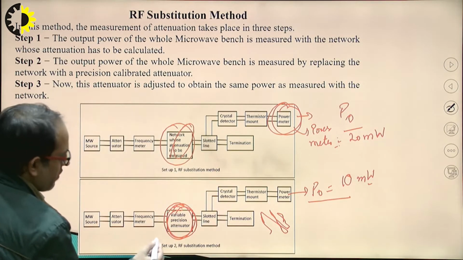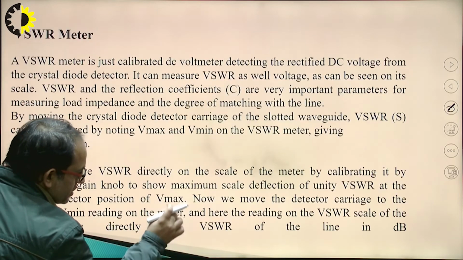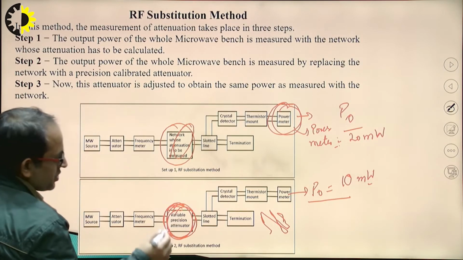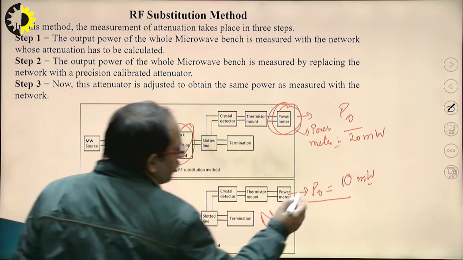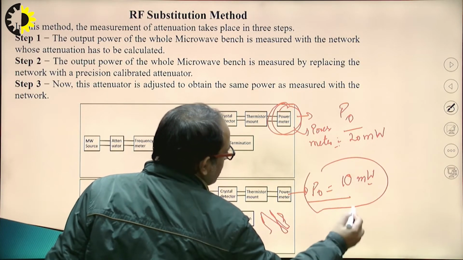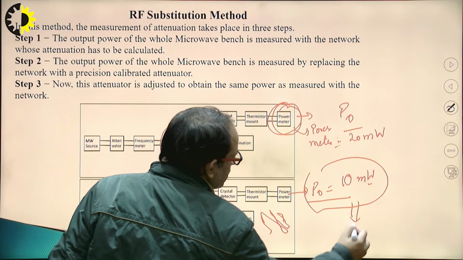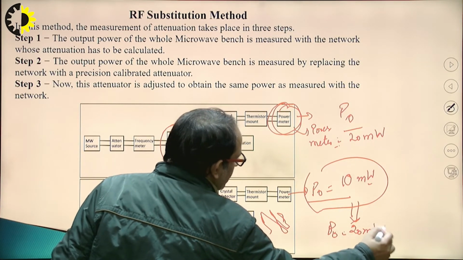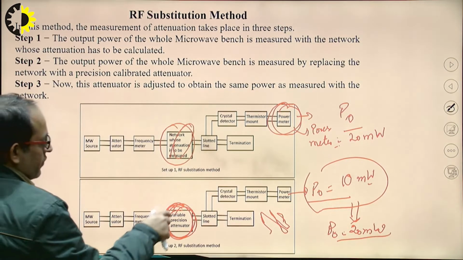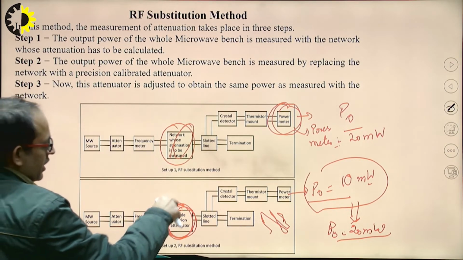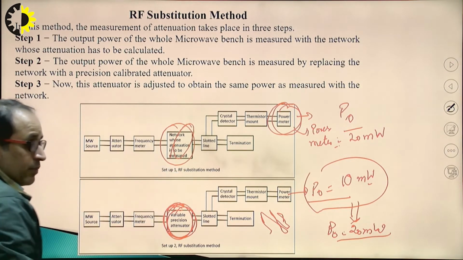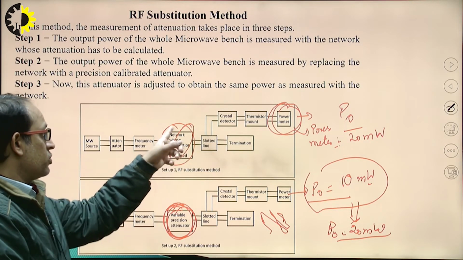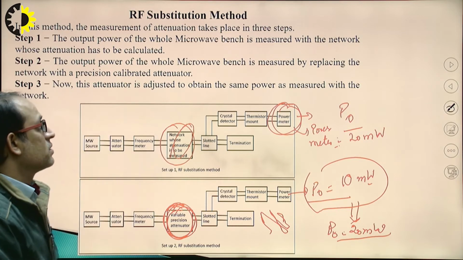So here I will vary the variable precision attenuator so that the output P0 changes to 20 milliwatt. And when I am varying this precision attenuator, I will measure the attenuation, and this attenuation will be equal to the attenuation of this device.